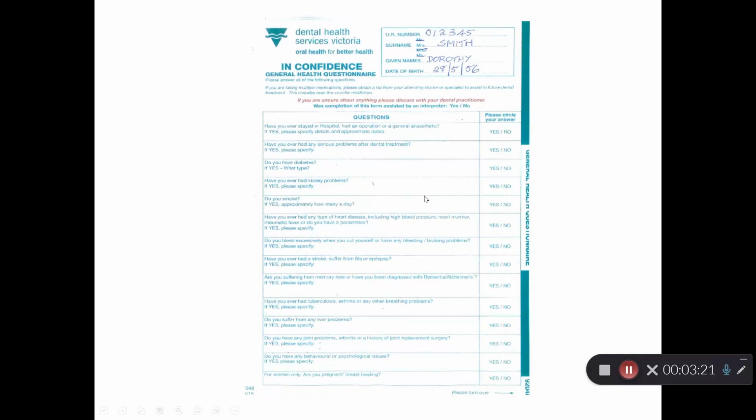The way the hospital administered this was to give it to the patient, to ask them to fill it out, and then they would come in, not to students, but they would come in, to the qualified dentists that work on the first floor. They'd bring it in, and then the responsibility is of the practitioner to verify the information that's there.